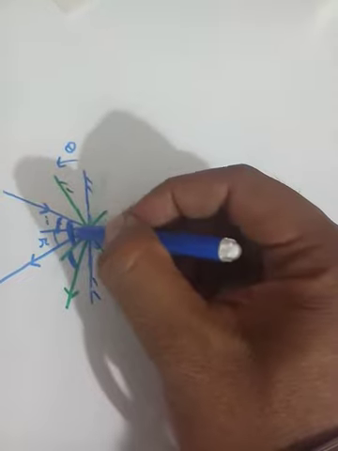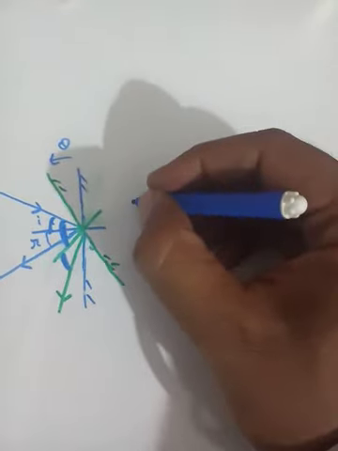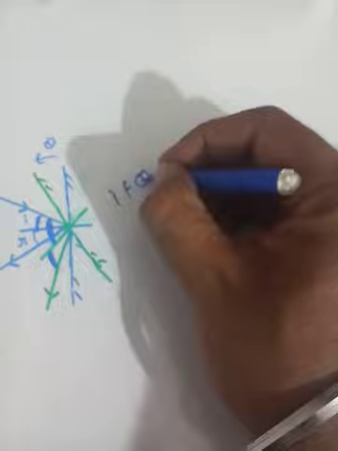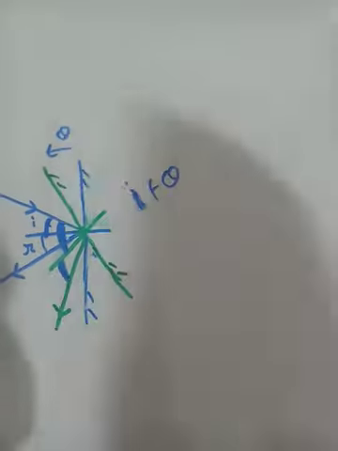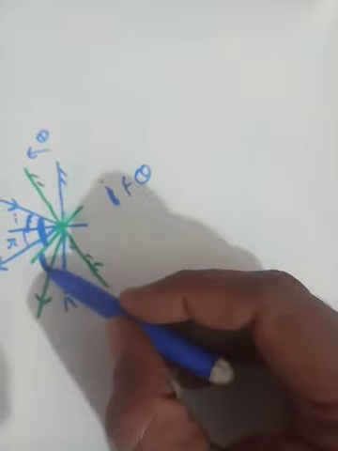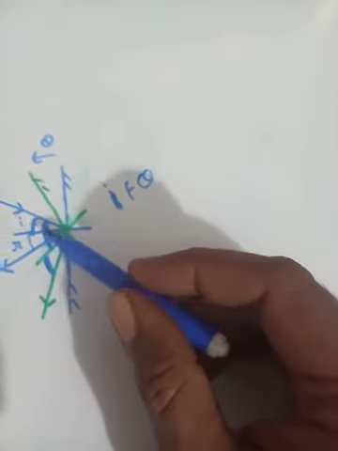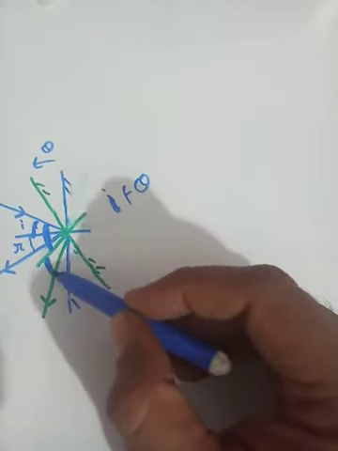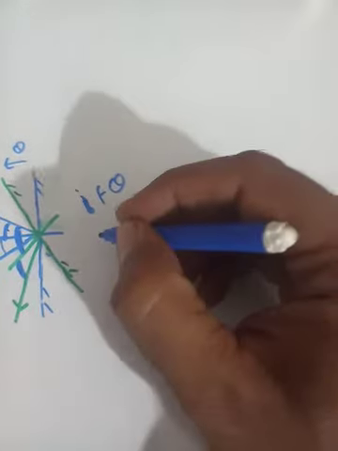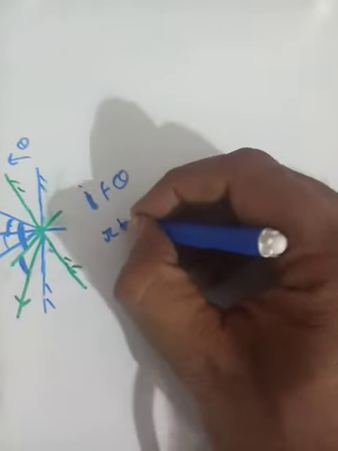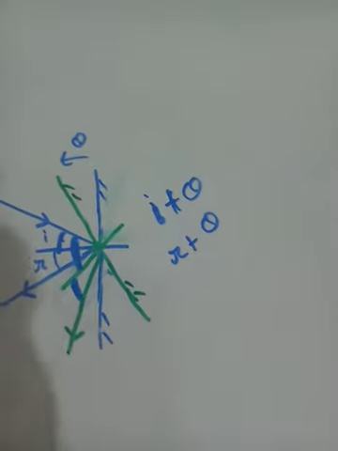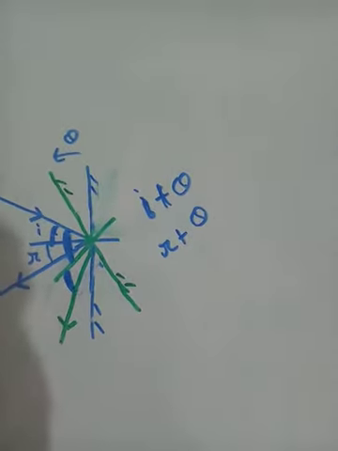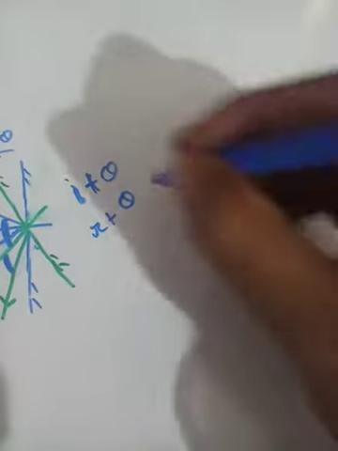So what will be the new angle of incidence? The new angle of incidence will be I plus theta. Okay. What will be the new angle of reflection? According to the laws, whatever is the angle of incidence, the same is the angle of reflection. So what is the angle of reflection? Angle of reflection will be R plus theta. Okay. So previously what were the angles?